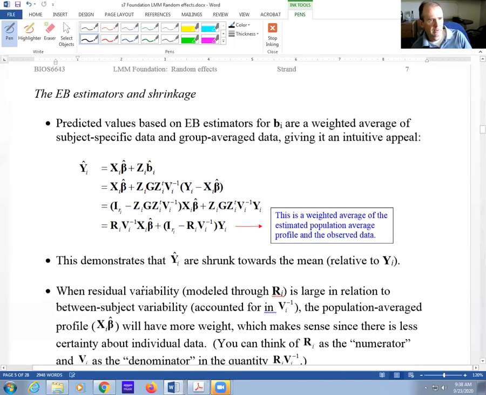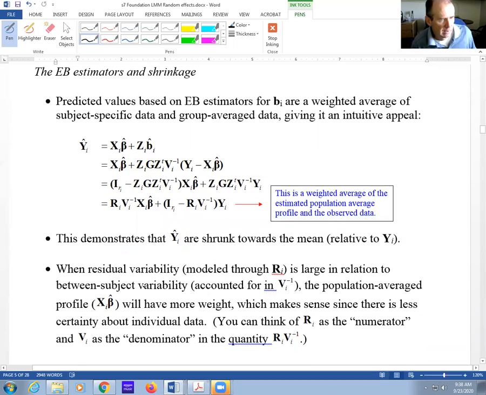But before we get to those slides, again, to think about these estimates and the subject level data and the population level data, we can take the predicted value. We talked about predicted values for a mixed model and how there are two types. There's one that's X beta hat plus Z B hat, and then the other one is the X beta hat.